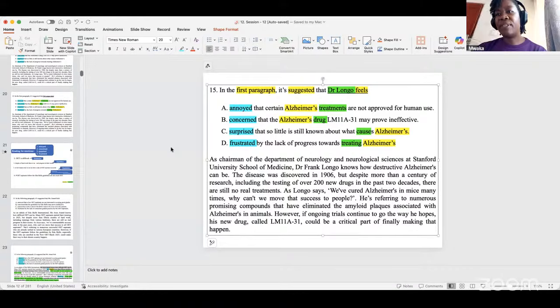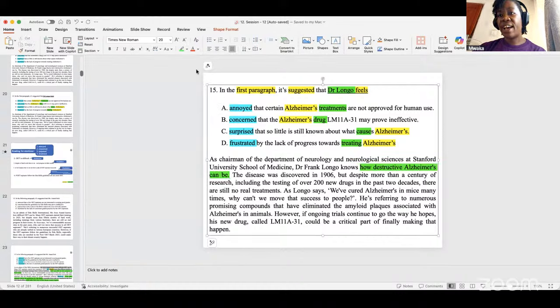As chairman of the Department of Neurology and Neurological Sciences at Stanford University School of Medicine, Dr. Frank Longo knows how destructive Alzheimer's can be. The disease was discovered in 1906, but despite more than a century of research, including the testing of over 200 new drugs in the past 2 decades, there are still no real treatments. As Longo says, we've cured Alzheimer's in mice many times.